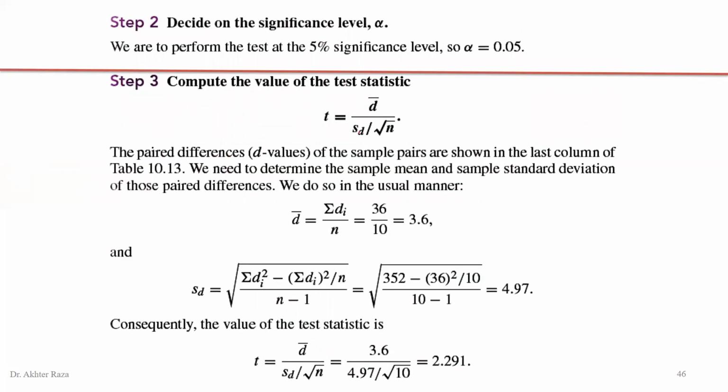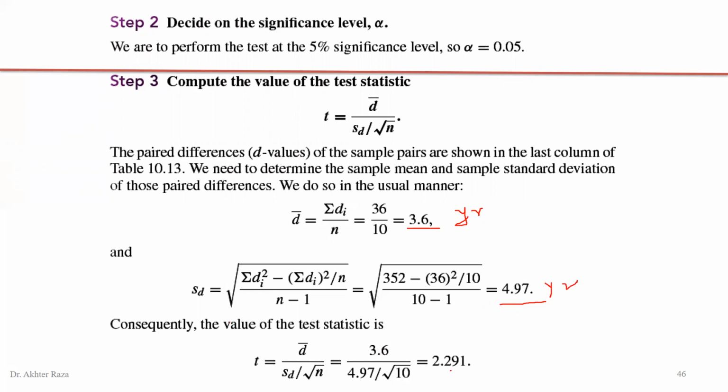The t-test statistic is d bar upon sd upon root n. D bar is 3.6. The standard deviation, as I wrote there, is the square root of the total of d squared minus the total of d whole squared upon n, divided by n minus 1. 4.9 is the sample standard deviation of the differences, and 3.6 is the mean. The unit of these two measures is year because the ages are in years.